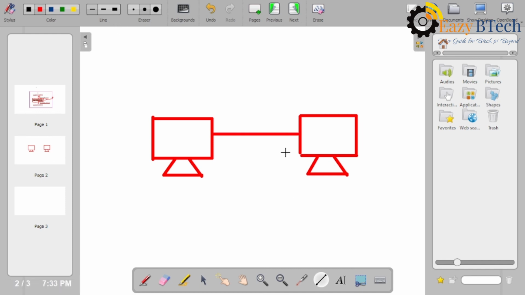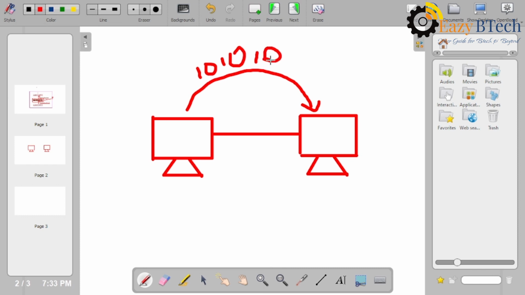Giving a connection here. Okay, right? So I'm sending the data from source to destination in the form of rabbits.